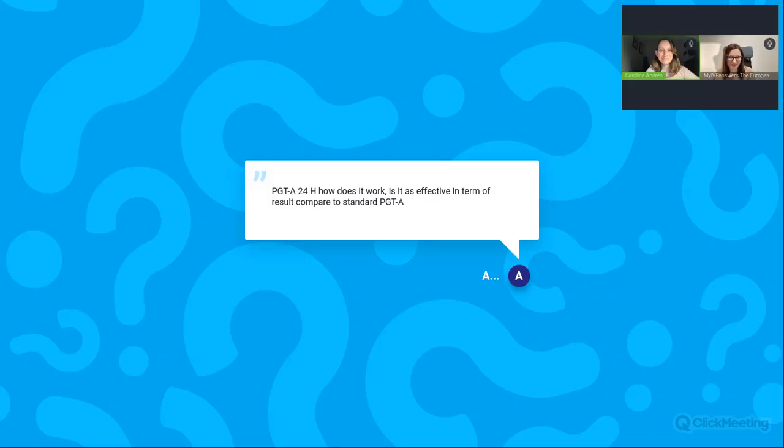All right, thank you. Next question: PGT-A 24, how does it work? Is it as effective in terms of result compared to standard PGT-A? Yes, the procedure is the same. The only difference is that when we send the cells, the laboratory will process them faster, and we will have the result the next day instead of 15 days.